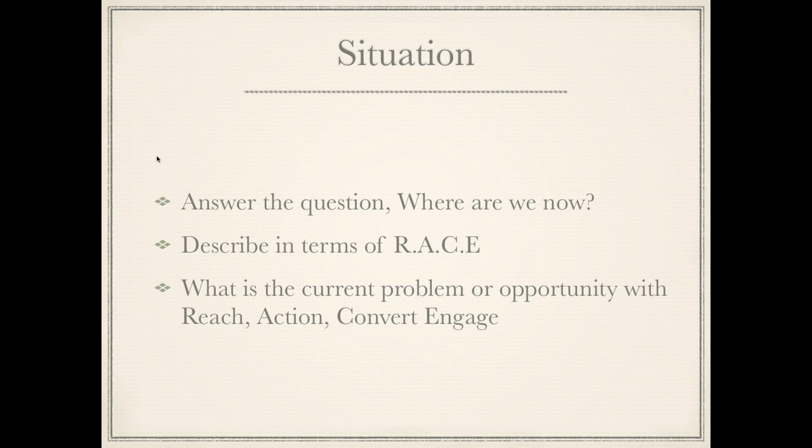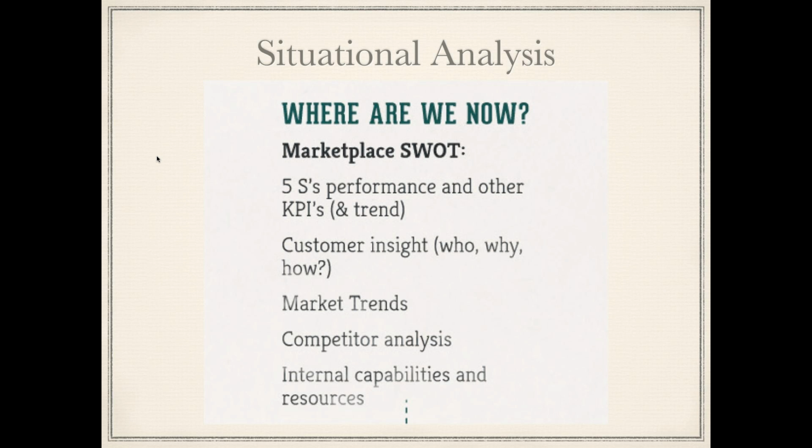If you look at the 7-step guide, there are tools that can be used, like SWOT analysis, where you identify your strengths, weaknesses, opportunities, and threats. There are things that you can do to make sure that you understand what your situation analysis is. As you see here, like the marketplace SWOT, where it talks about the 5 S's, performance and other KPIs.